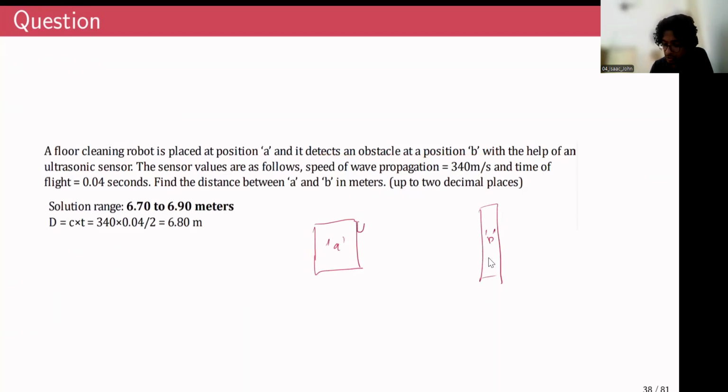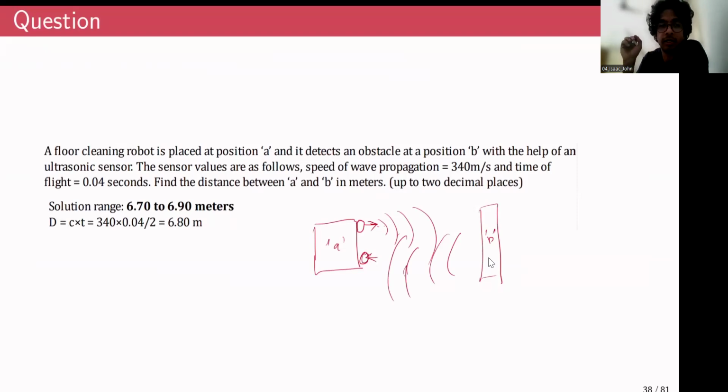So an ultrasonic sensor will have a transmitter, which transmits some sound waves like so, and it also has a receiver. The incoming reflected rays will be received by the receiver on that ultrasonic sensor module.